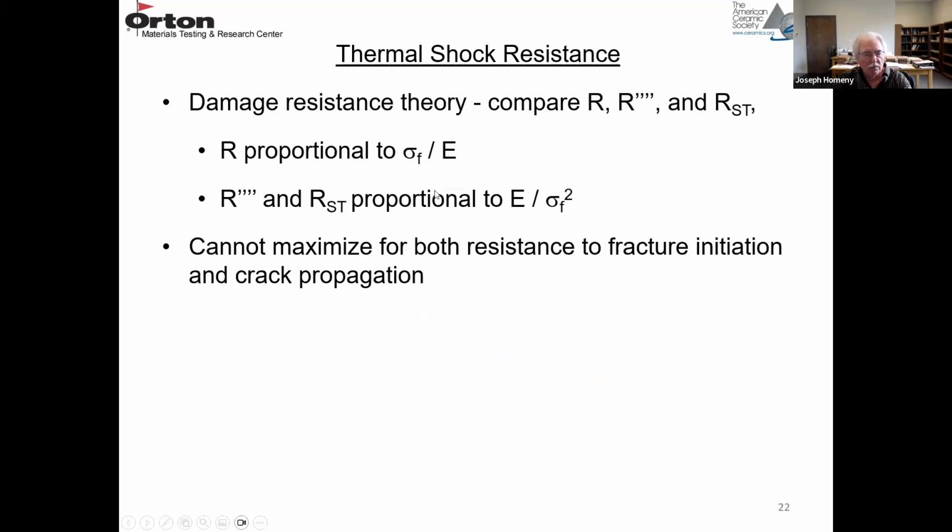What this tells us is you can't design a material to resist crack initiation and crack propagation at the same time. You cannot maximize both the resistance to fracture initiation and crack propagation. So this is what we want for refractories, R4 prime and RST, E over sigma F squared.